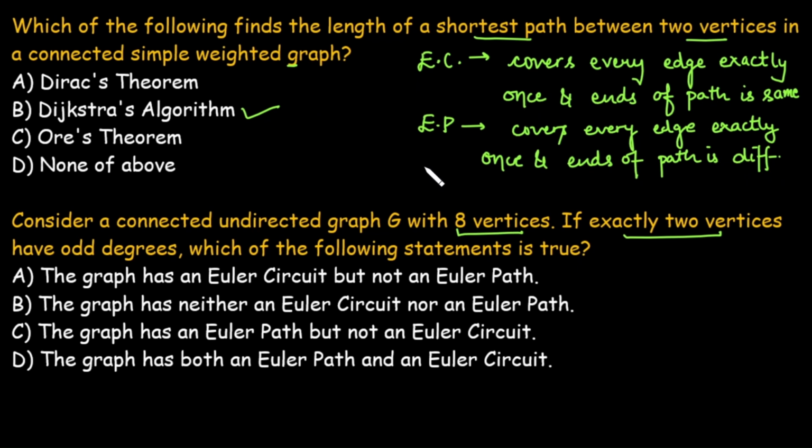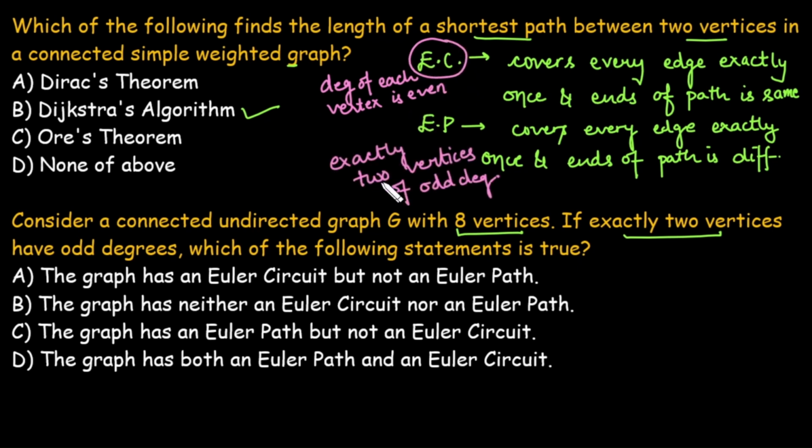We can also predict Euler path and Euler circuit in a graph without its visual representation. How? For that we need to know the degree of each vertex. If the degree of each vertex is even, then definitely that graph has an Euler circuit, and if exactly two vertices are of odd degree, then in that case it has an Euler path.